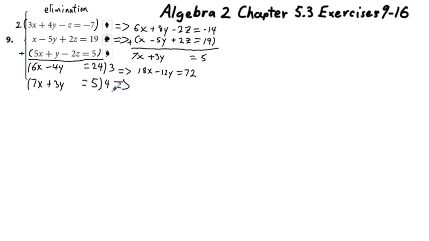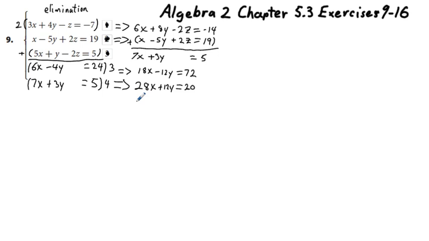And now for this equation below, we have 4 times 7x is going to be 28x, and then 4 times 3y is going to be plus 12y. And finally, 4 times 5 is going to be 20.